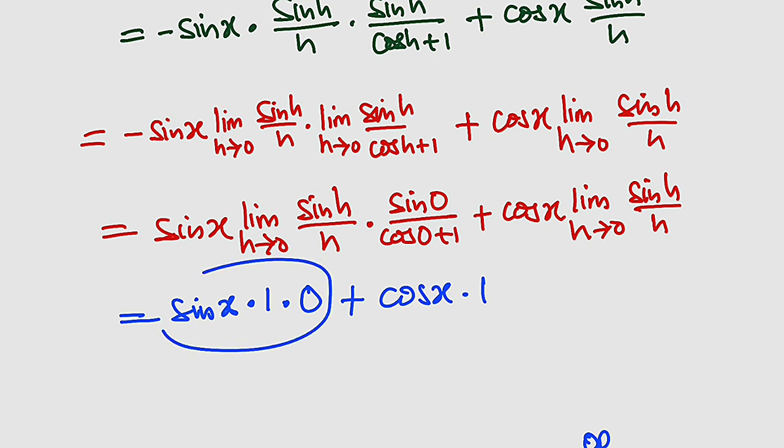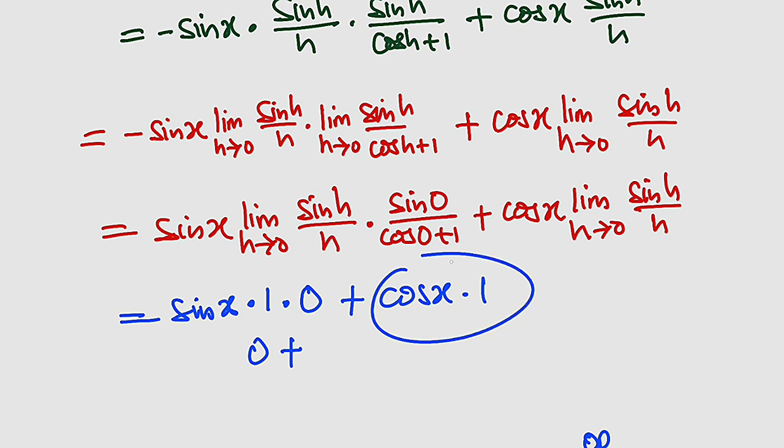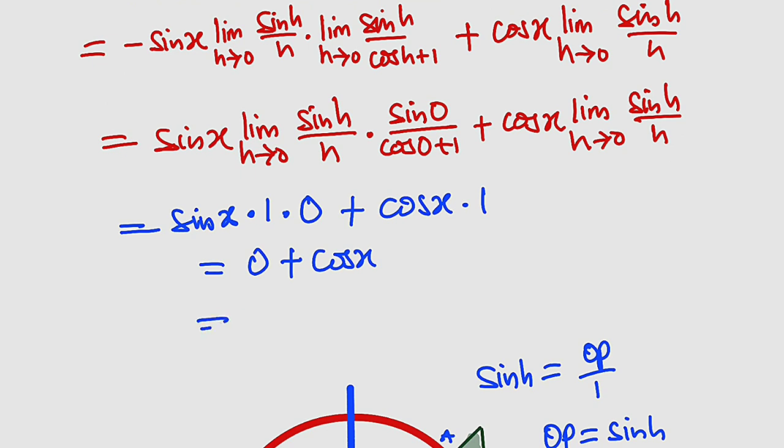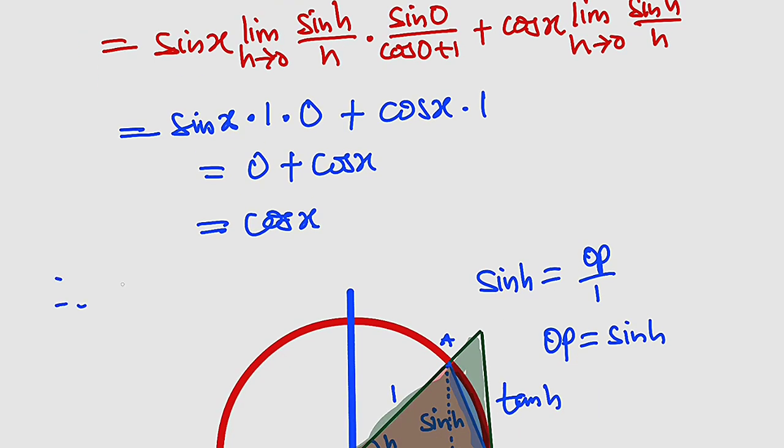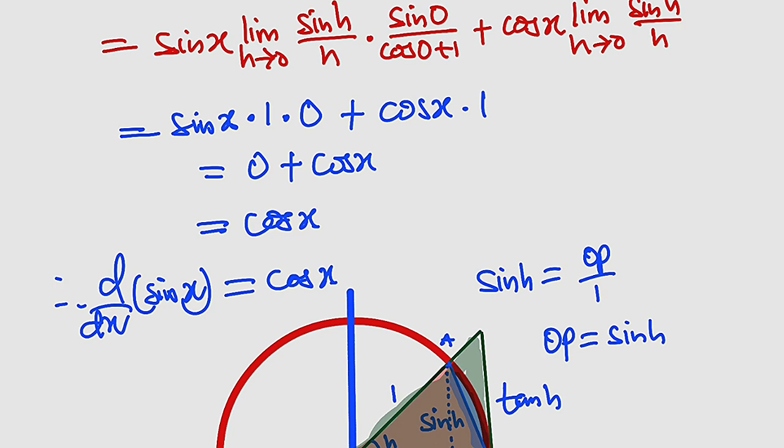So you can see that the whole of this will give us 0. We have 0 plus this times 1 is cos x, and finally 0 plus cos x is equal to cos x. So therefore we conclude that the derivative with respect to x of the function sine x is nothing but cos x. As simple as that for the first principle.